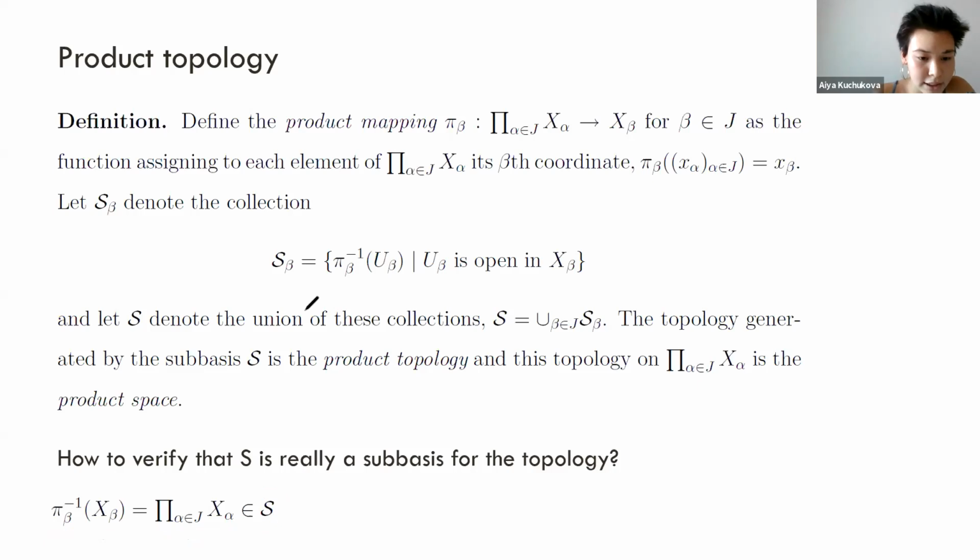I totally agree with the first equality, that just goes from the definition, but I don't understand why that is in the S. So we only need to prove that there are sets in this S, which is a basis, sets in S which can be written as a union of subbases.